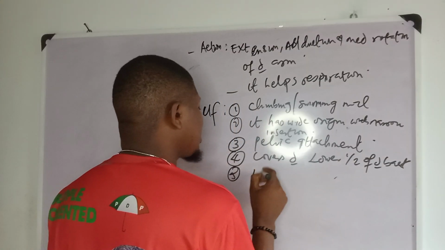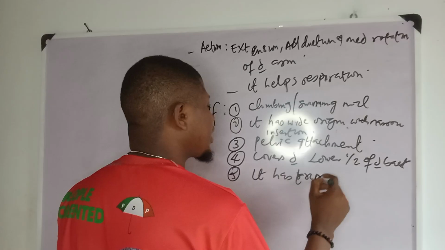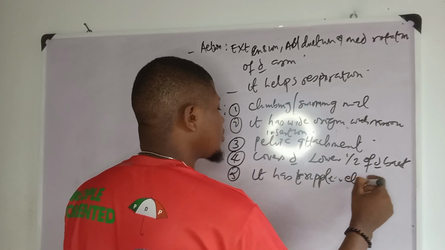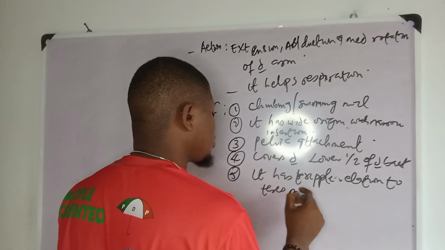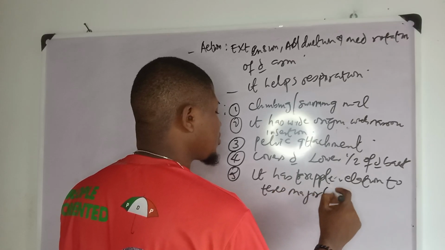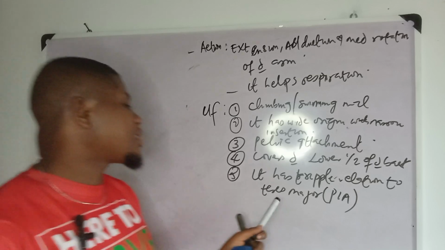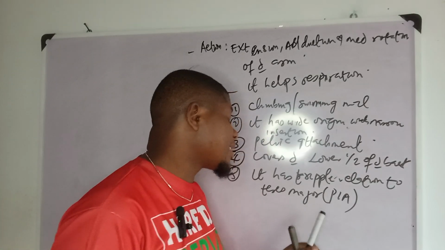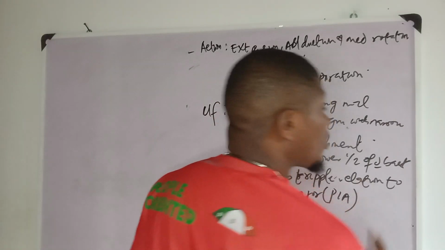Then the next one is it has a triple relation to teres major. I call them PIA. Firstly it is posterior to it, then it becomes inferior to it, then it becomes anterior to it.